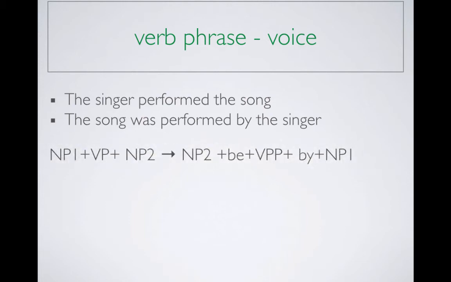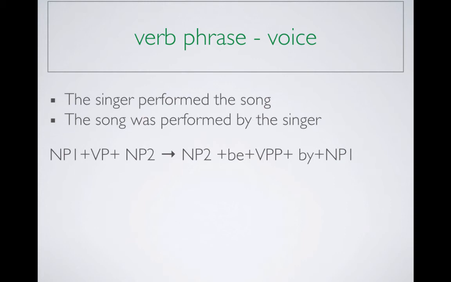Well, the singer is the noun phrase one, perform is the verb phrase, and the song is the noun phrase two. As you could see in the passive construction, the noun phrase two becomes the subject of the sentence.